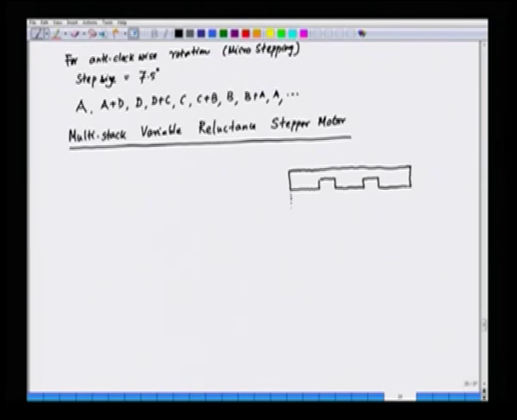And then the stator will have the other part also. This is one side of the stator, we will have the other side also. So, this is the other side of the stator, this is one stack, this is the second stack, this is the third stack.